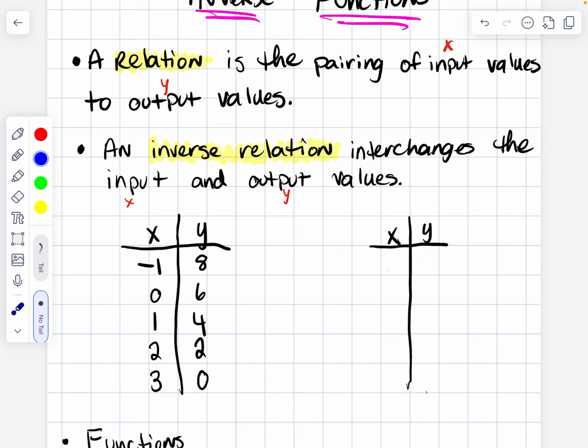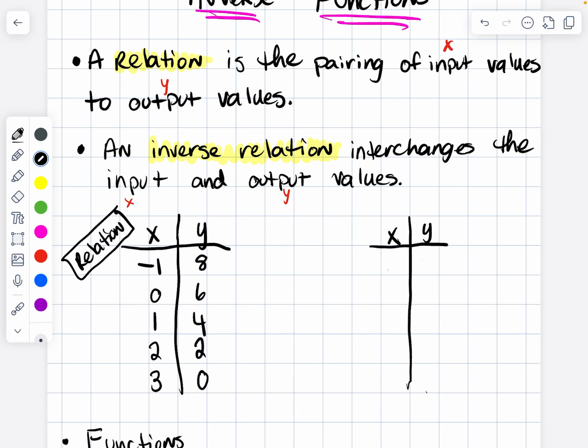And so this is our example of a relation. I'm going to go ahead and label it. And then how would we write a table for our inverse relation? We would simply switch the x and y.